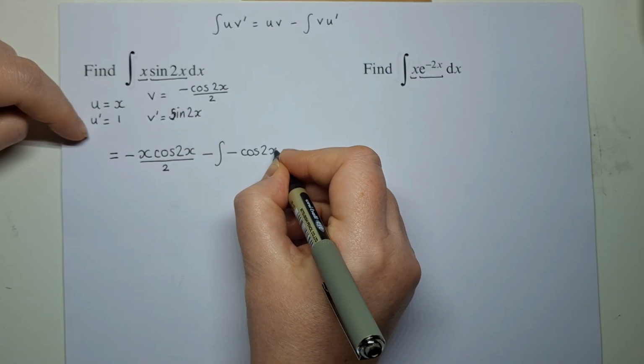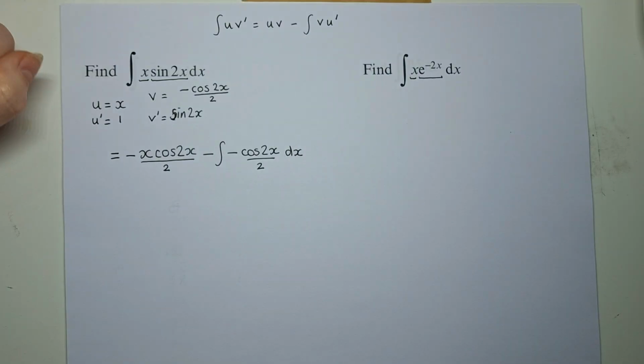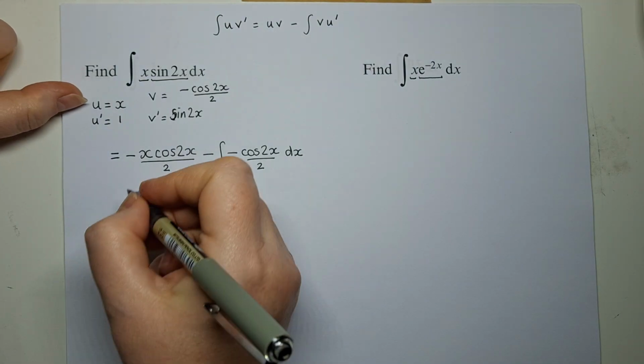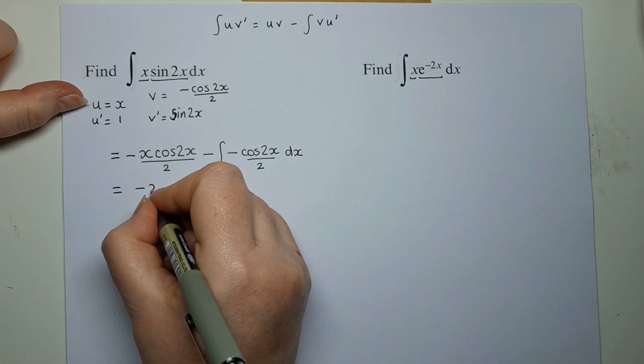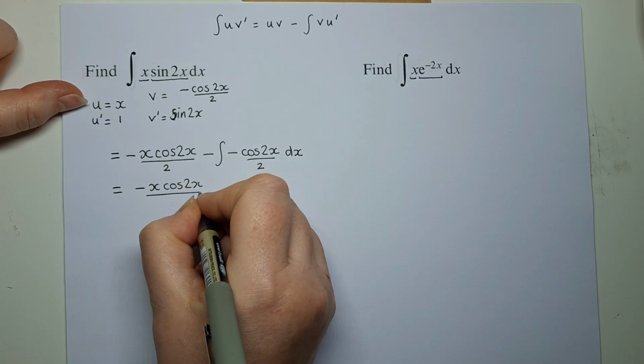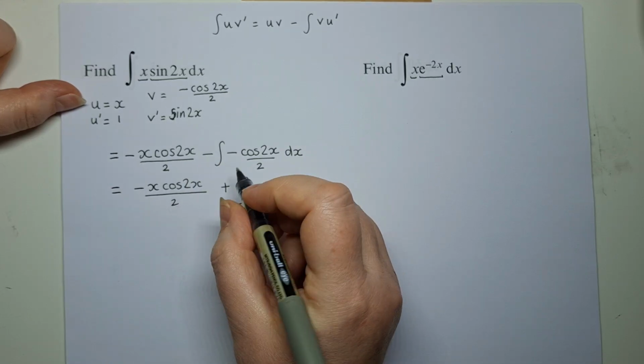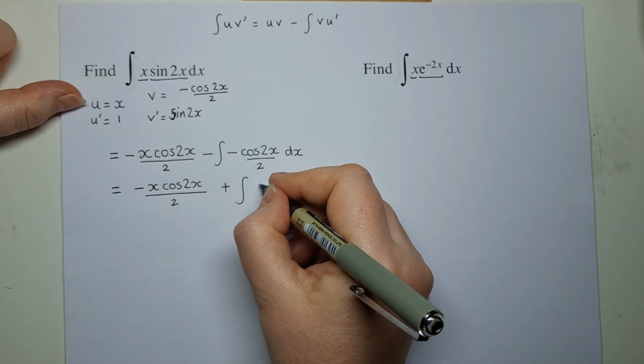And obviously timesing 1 by something is not going to change it. Okay, I think at this point I'll just deal with the minus minus, because otherwise I will have too many minus signs flying around. So a minus and a minus can make a plus. Doesn't matter that one minus sign is inside the integration.